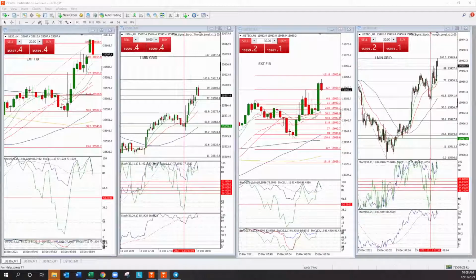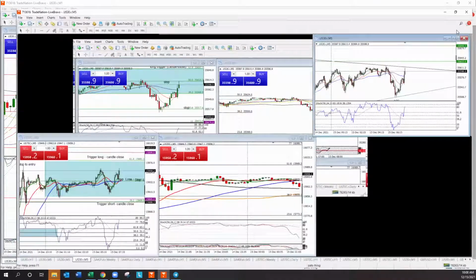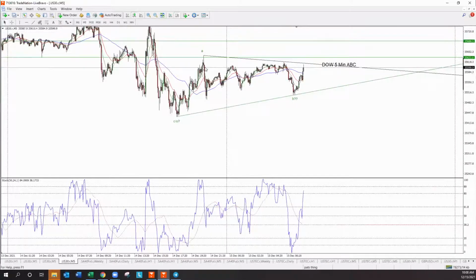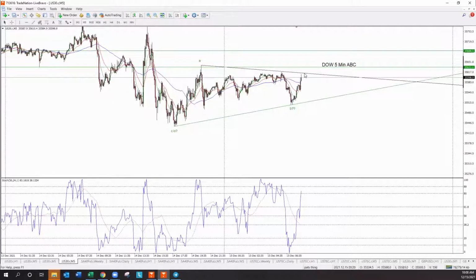I just want to bring this screen across because I want to show you a story here. Just watch that resistance there. You see 1, 2, 3. Break of that, we're aiming for that target on the down, on the 5 minute. But these resistance levels can be very strong.